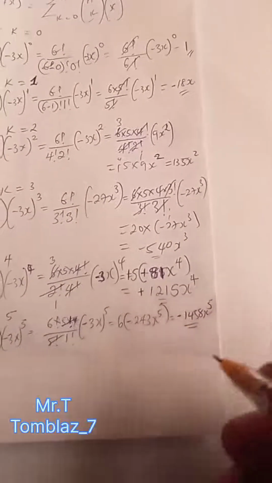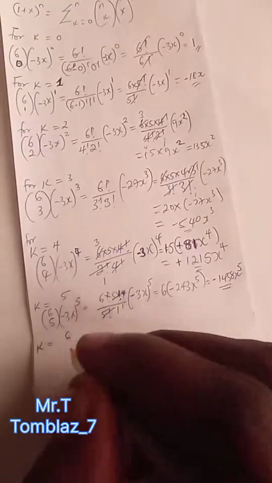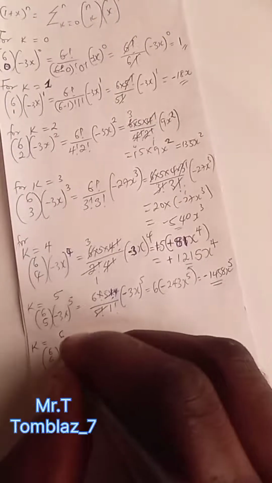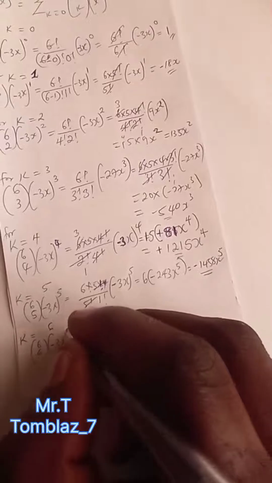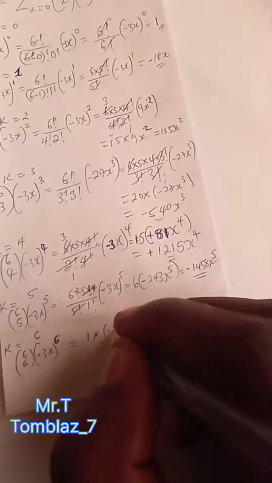5. Okay, so when k is equal to 6, then we're going to be having 6 combination 6 minus 3x raised to the power of 6. Now 6 combination 6 is 1 times minus 3x raised to the power of 6.